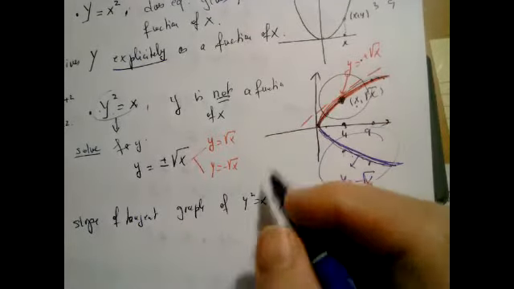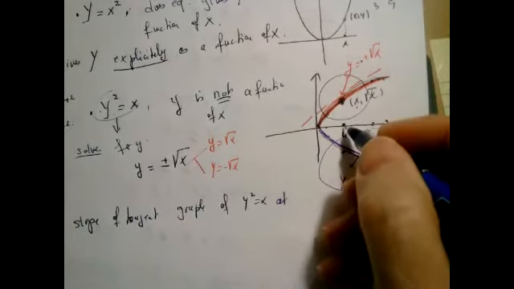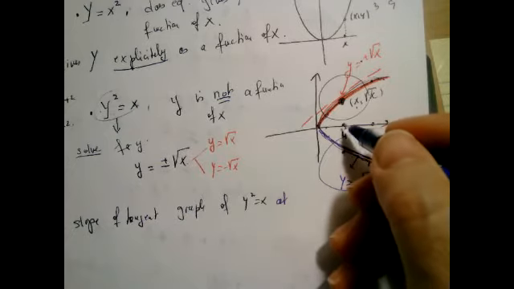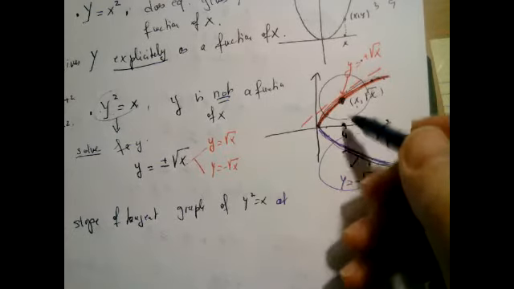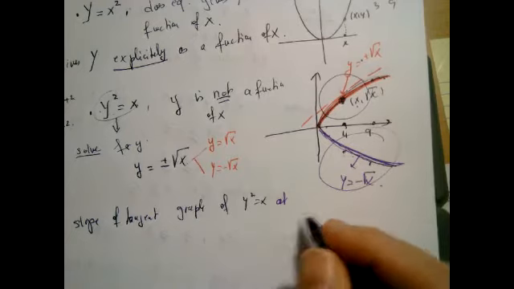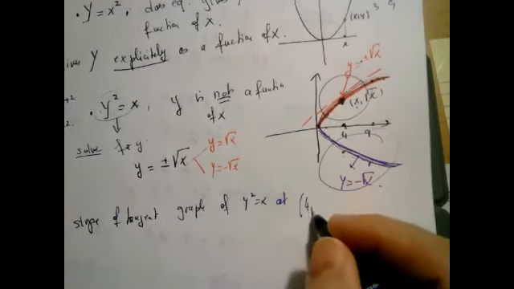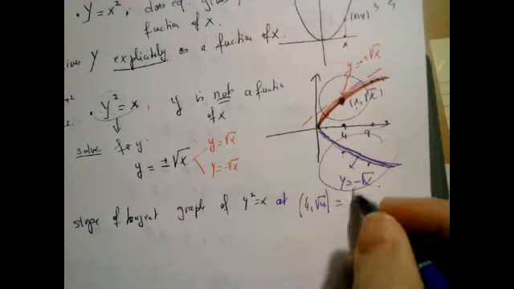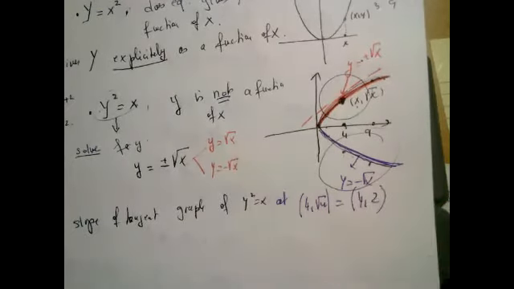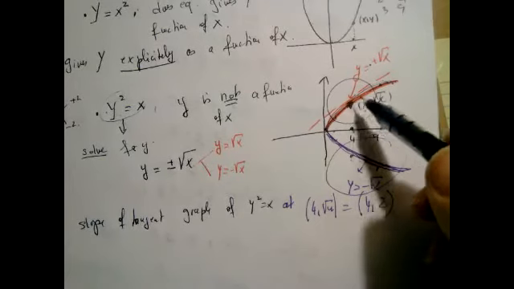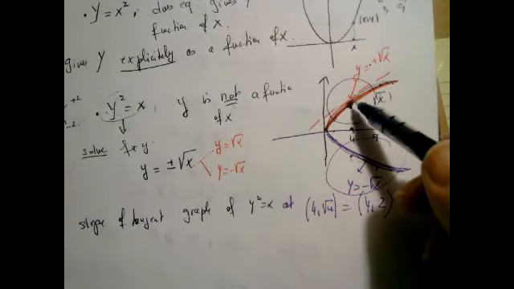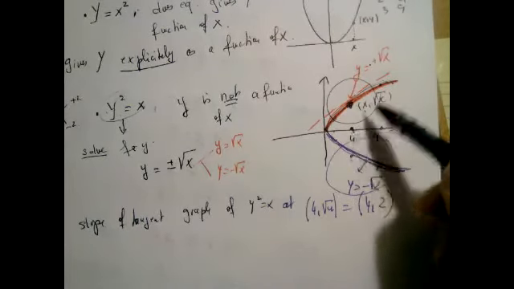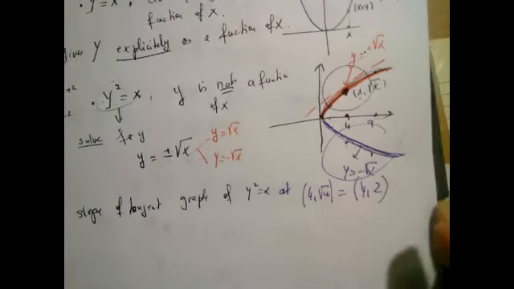Now, I cannot tell you at x equal 1 or at x equal 4, because at x equal 4 there are two y's. So I have to be very precise. I tell you at 4, I want this one, the square root of 4, which means at 4, y is 2. If I want the slope at this line, I have to tell you exactly which point, because I cannot just say x equal 4, as there are two different values.